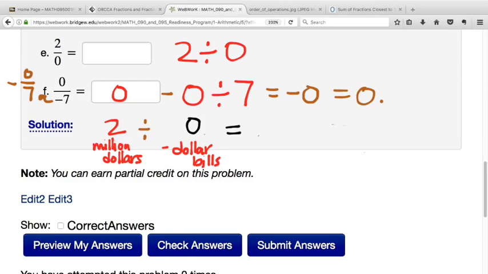If I have no friends to divide my pizza among, then it doesn't even make sense to say that every person gets this much pizza. Right? And for that reason, that's an illustration of why we would say that this is an undefined quantity. Right?